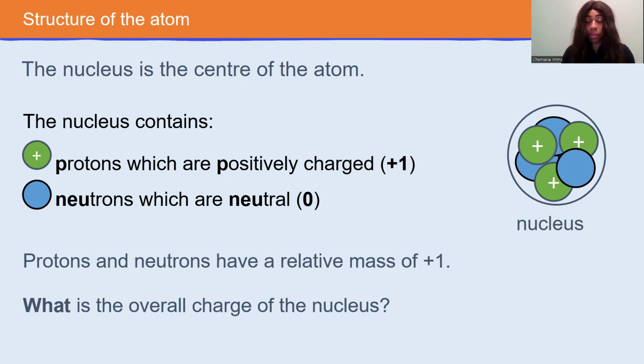So what we would do is we would take the protons +1 and we would plus 0, okay? Because we're adding those charges together, to get an overall charge. So my proton has a +1 charge, my neutron has a 0 or a neutral charge. Therefore, that means overall, my charge for my nucleus is +1 or positive.